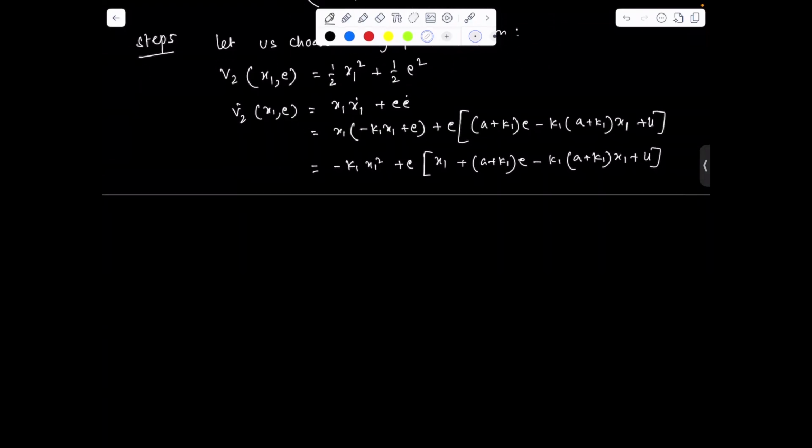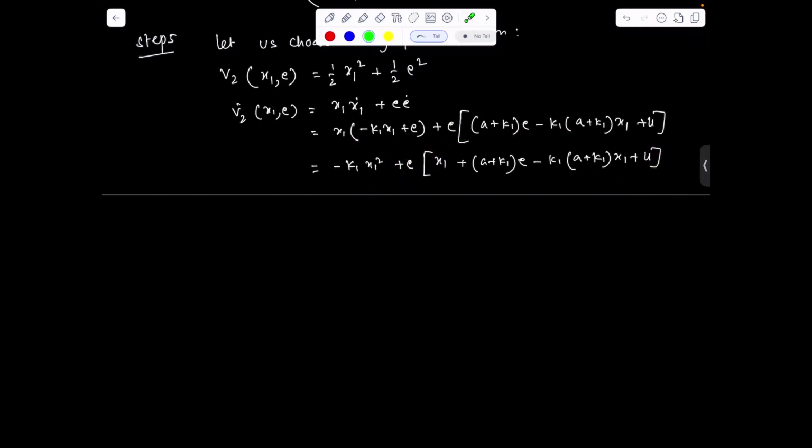Now in this expression, if you notice carefully, this is the stabilizing function, negative definite. So we have to choose u in such a way that all the other terms are cancelled, and we have something minus k2 e square.